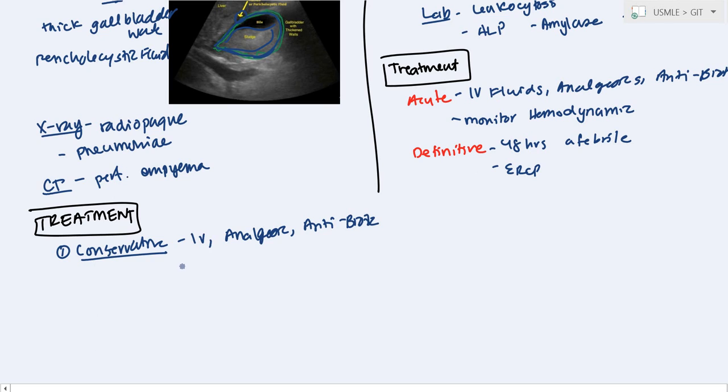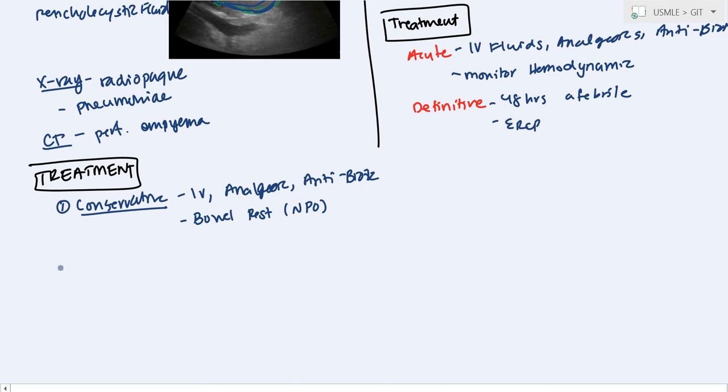You want to give them some bowel rest as much as possible, and you do that by giving them nil per oral. Finally, you're going to want to do surgery, and this, of course, will be laparoscopic cholecystectomy.